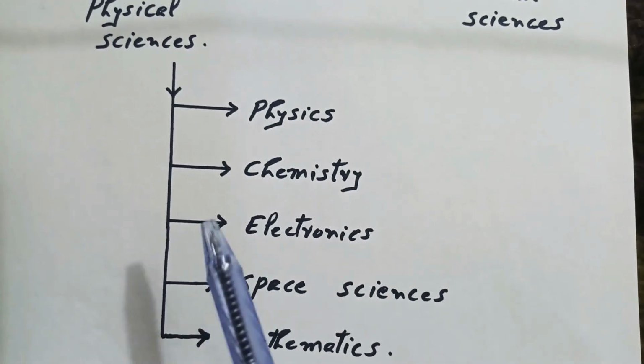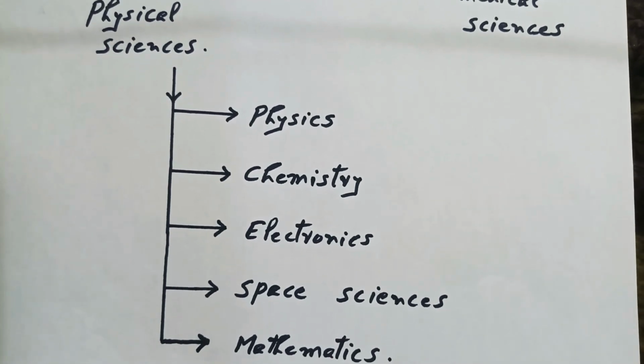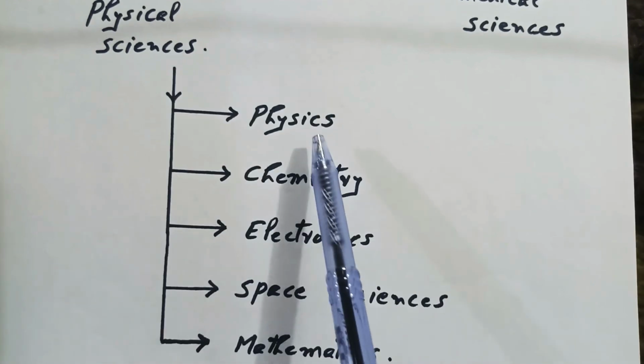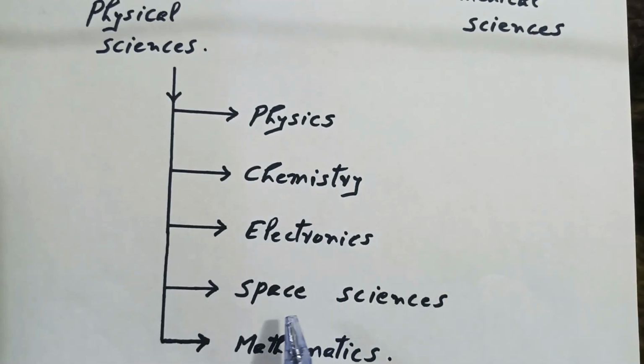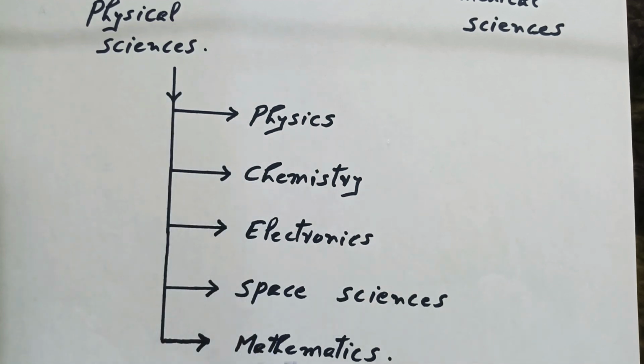But with the passage of time, these physical sciences were divided into physics, chemistry, electronics, space sciences, mathematics. So these are the different branches of science with the passage of time.